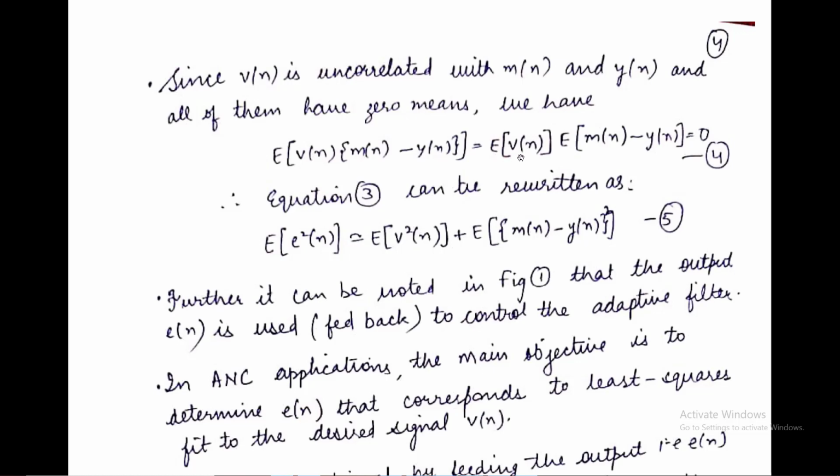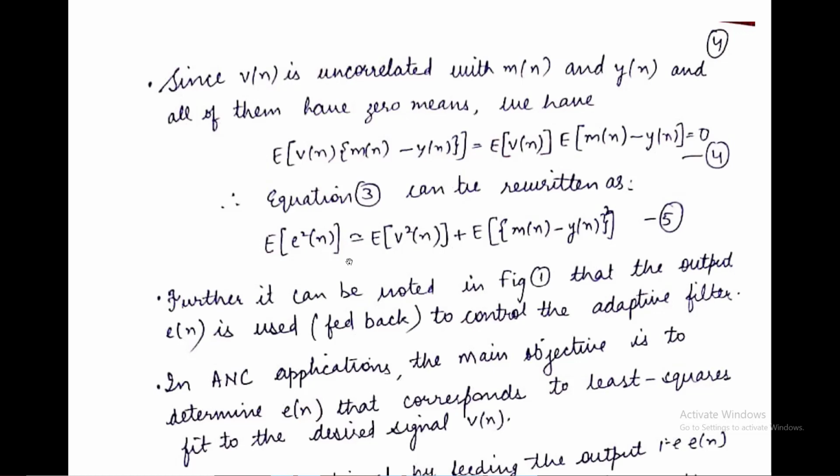So expectation of Vn into expectation of Mn minus Yn should be equal to 0. So if you put equation number 4 in 3, then finally we can write the expectation of the mean square error, or I can say square error, as expectation of V square n plus expectation of Mn minus Yn whole square.